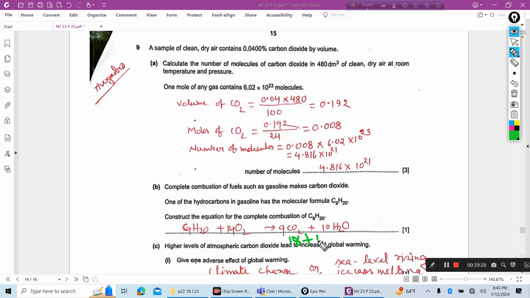Right side has total 28 oxygen. So if you write here 14, 14 into 2 is 28.